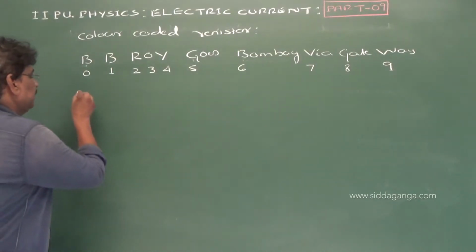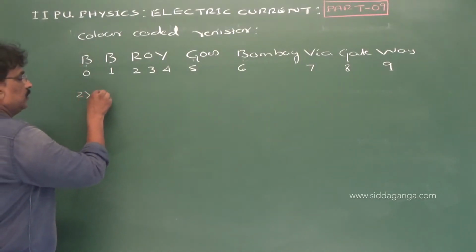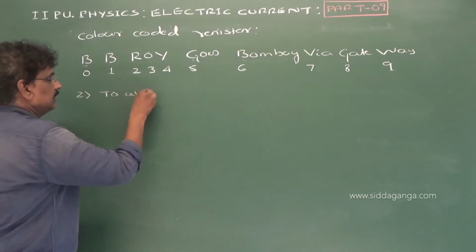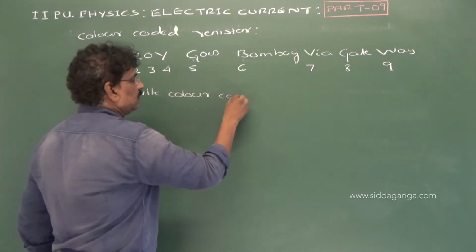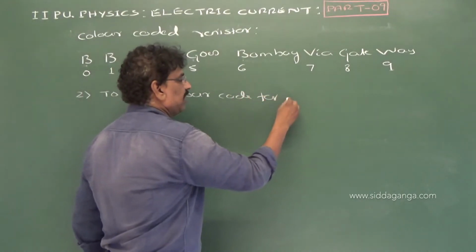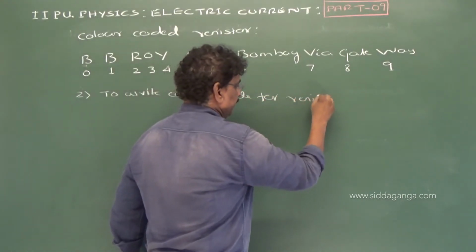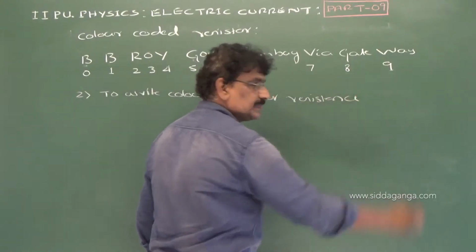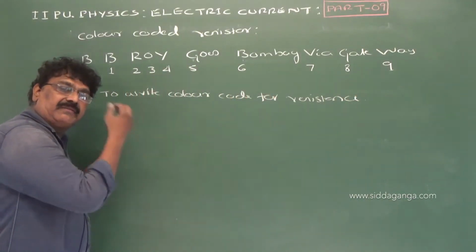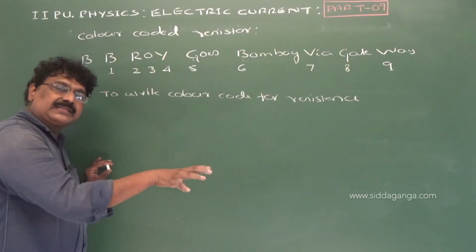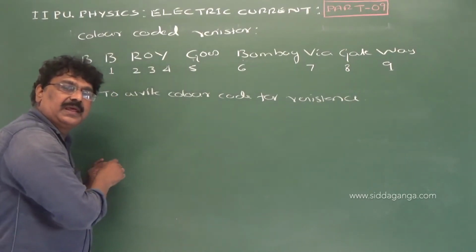Now, to write color code for resistance value, right? Now so far we have obtained resistance for given color code.